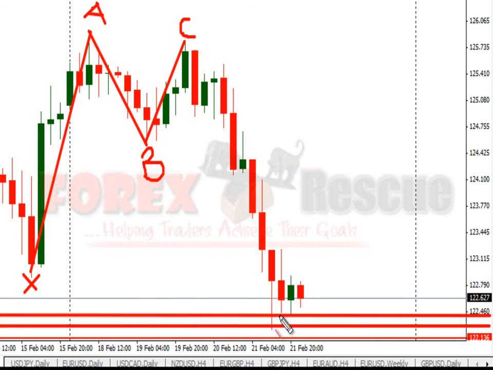This area is what we call our point D. This is our point D.